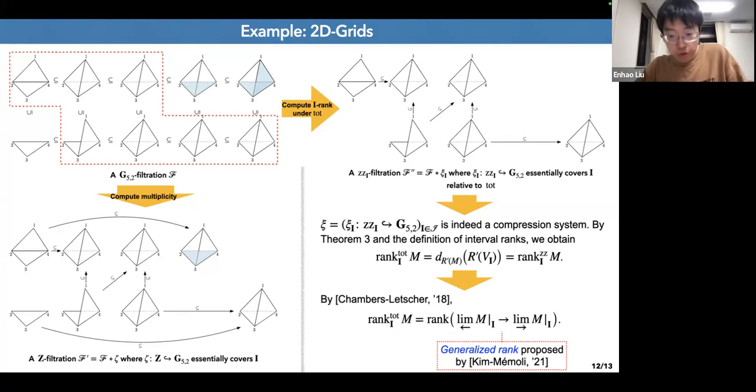So this formula, of course, is great. It's a bridge: the left-hand side is defined as a multiplicity, some algebraic object, but the right-hand side only uses category theory, like limit and colimit. They connect these two concepts together.